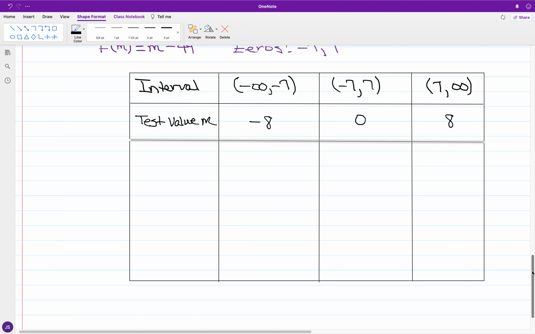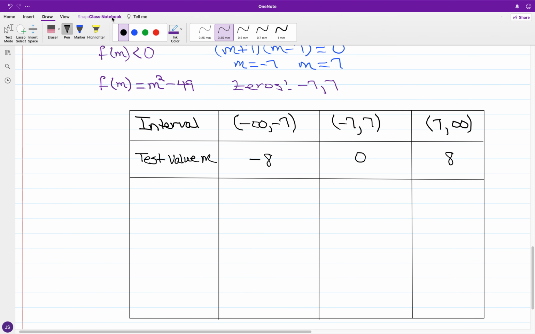And once again, we have the function f of m, so I have m squared minus 49, and again, just testing each of the inputs out. With m at 0, right away 0 squared is 0 minus 49, so we have a negative 49.